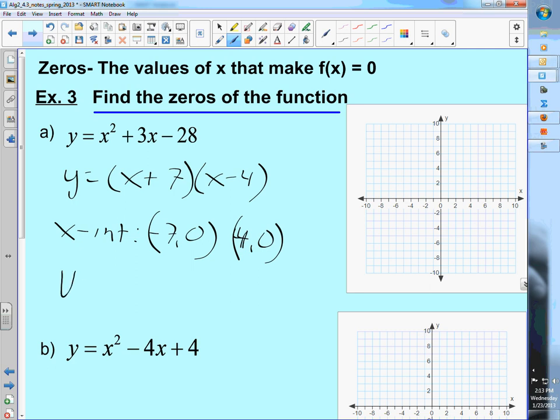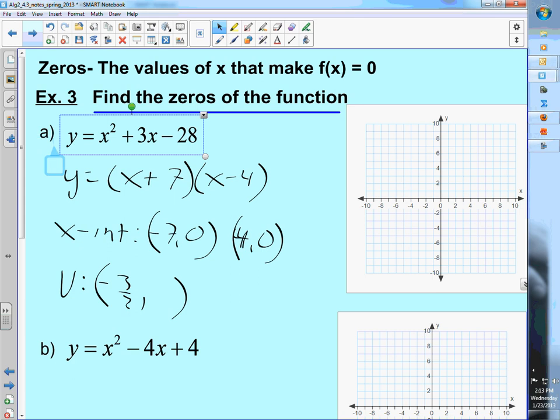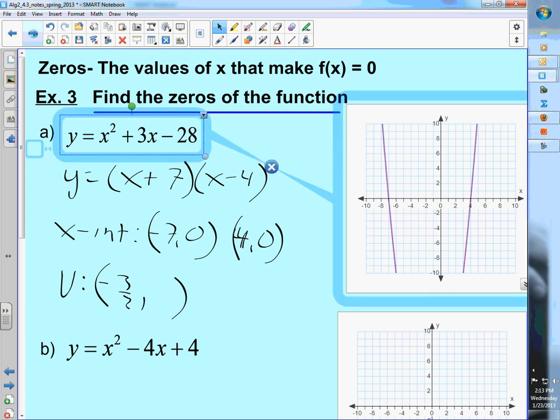So the vertex has to be at negative 3 over 2, comma something. So again, there's your 4, there's your negative 7, here's your negative 1.5 way down here. You'll find your vertex. Right now we're just concerned with the x-intercepts, finding the zeros. That's what we want to be able to do.